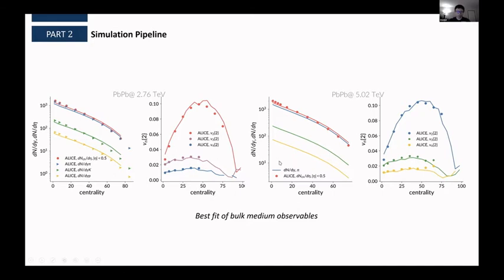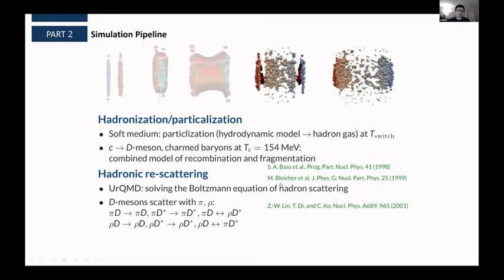This calibration will be used to further calibrate our heavy quark transport coefficients. For hadronization, we use a combined model of recombination and fragmentation for heavy quarks. Later we also have a hadronic rescattering phase using UrQMD to further propagate our heavy quarks or heavy mesons.